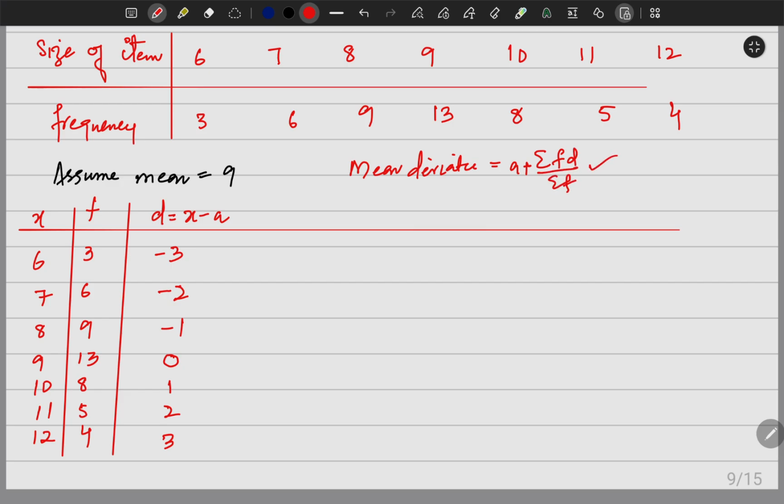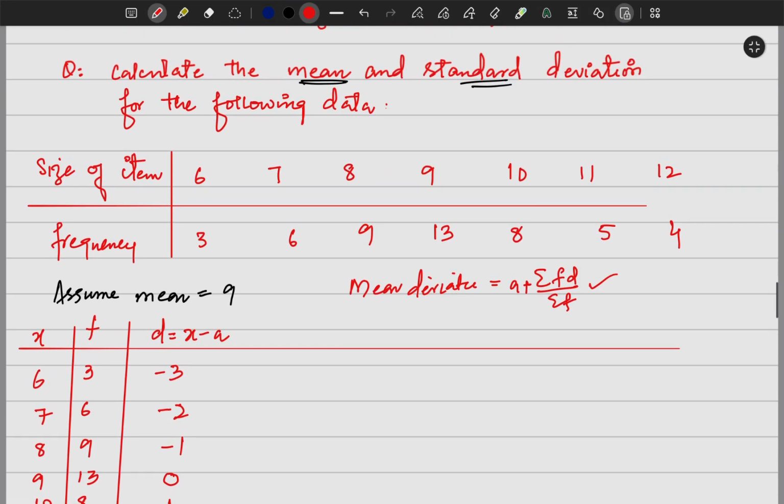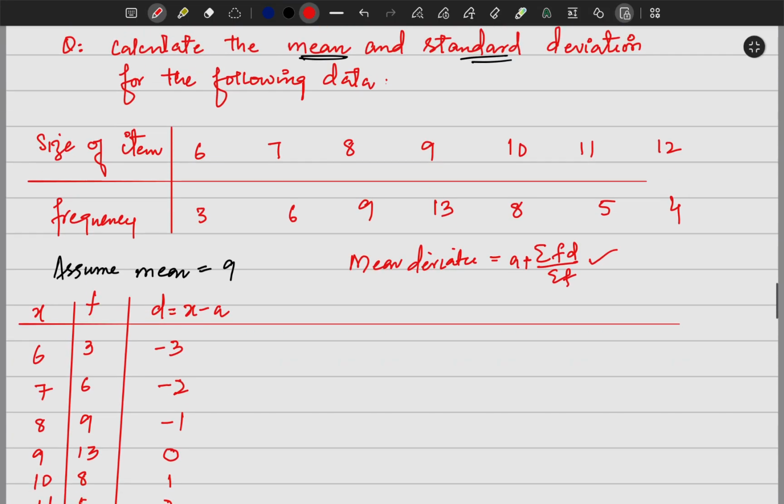So this is the mean that we have to find. Then in the standard deviation, we use the summation of f times x minus x mean, squared.